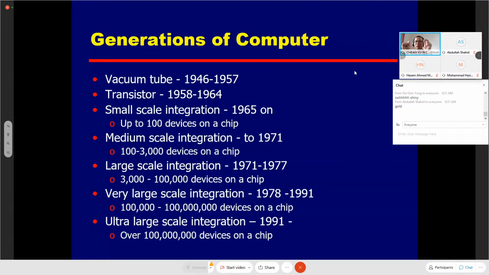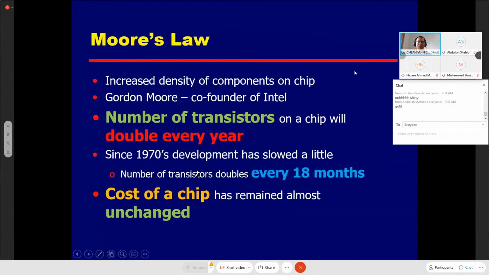Devices meaning all the various gates, all the memory storage, everything on that chip. So those are the levels of integration.